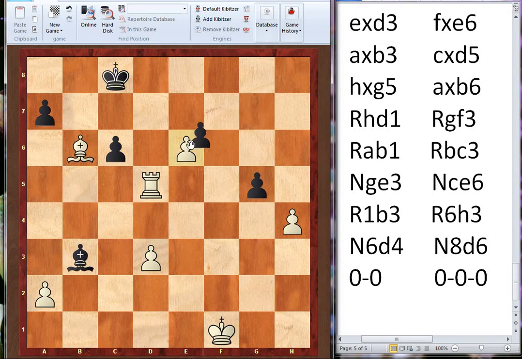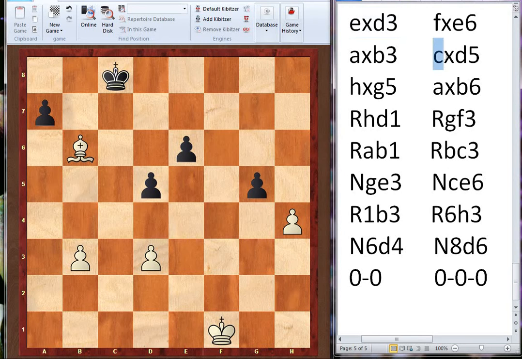Then black pawn captures this pawn, small f, because it has come from the f file, small f into E6. Then this pawn captures the bishop, small a into B3. This pawn captures the rook, small c, because it has come from the c file, small c into D5.